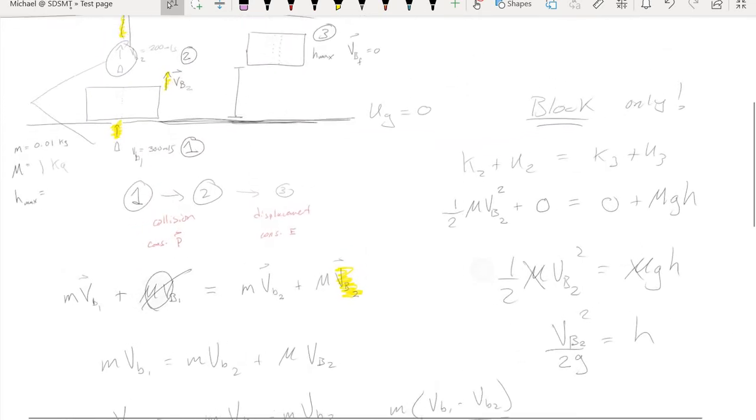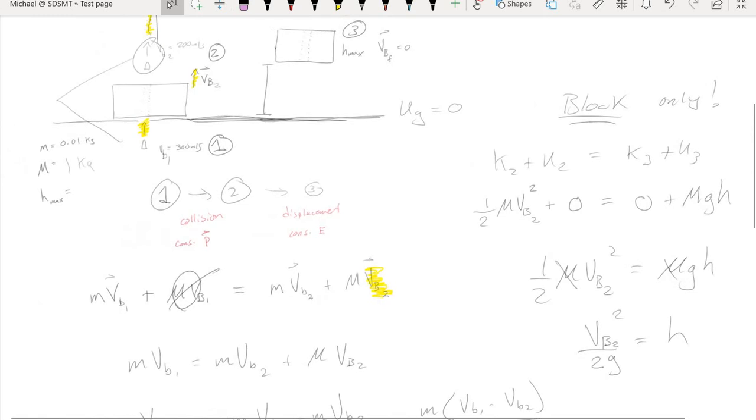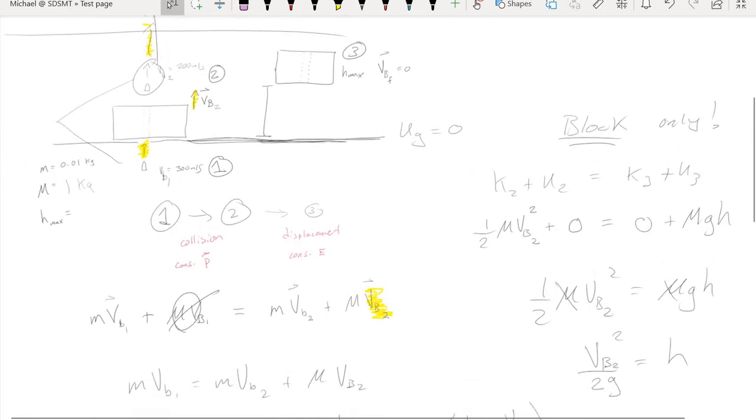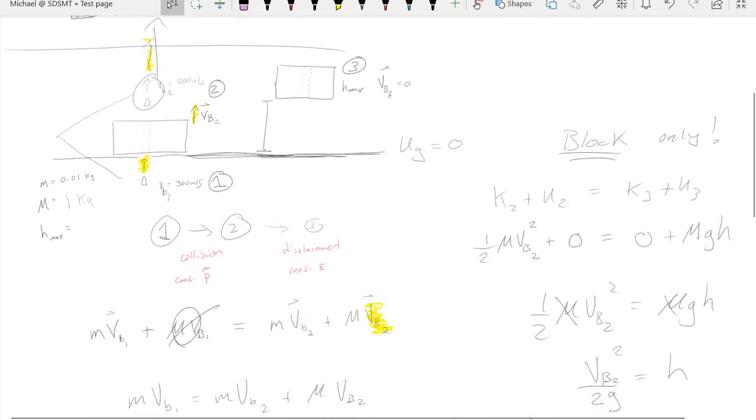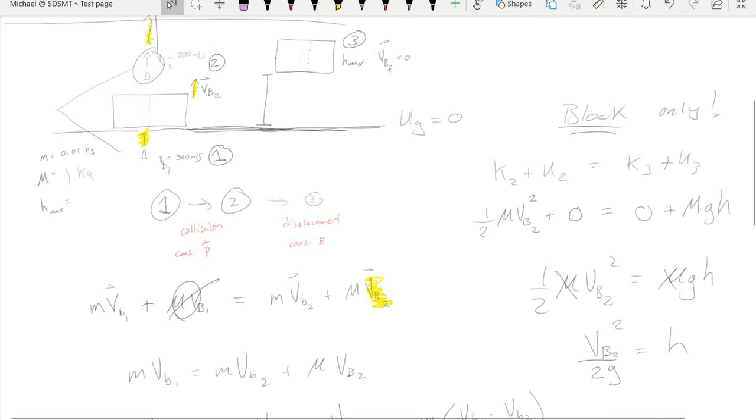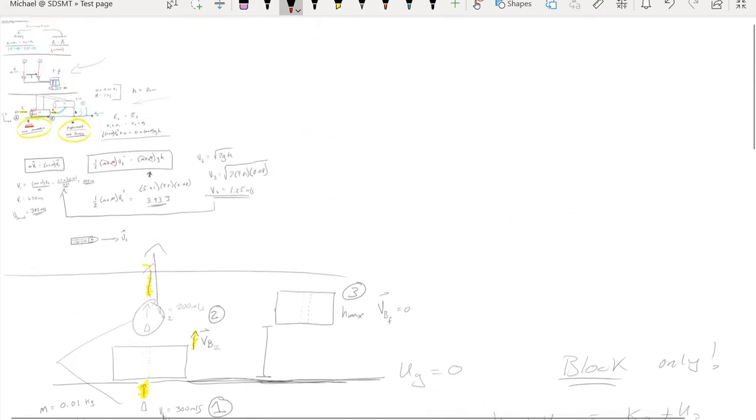So that's the end of the second example problem. Basically, we've done the same problem, but we started at different ends of the math. For this problem, we started with a lot of knowledge about how the momentum in the system changed, and we then used that to tell us how the energy of the block was going to transfer or transform so that we could get a maximum height.